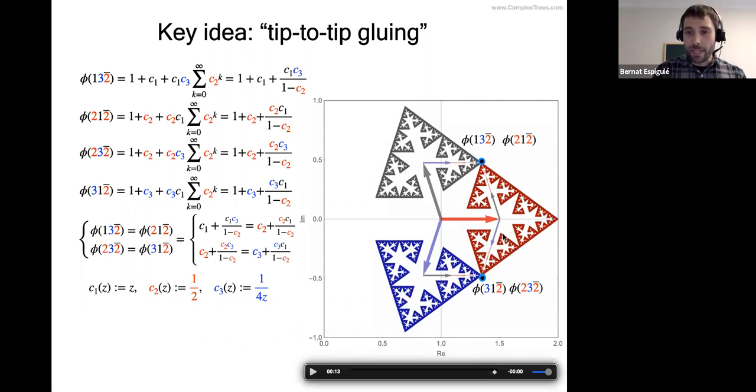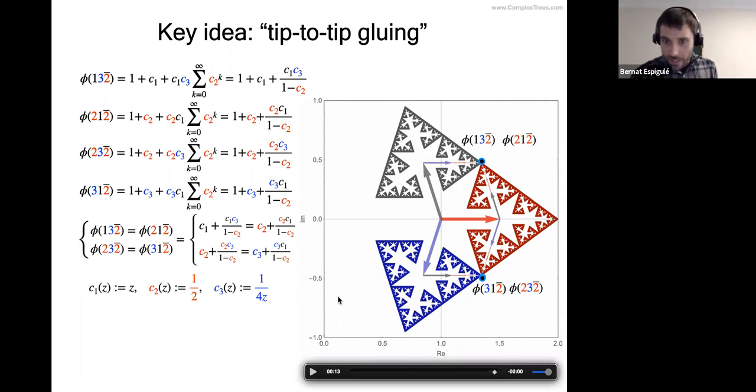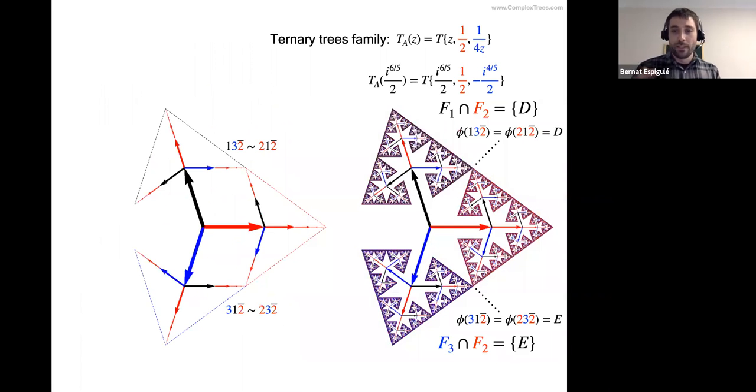When this red branch is always going to stay at 1/2, and then the parameter z is related to the black branch. So as you move that, you're going to be moving the blue branch according to this function, 1/4z. So that's giving you the parameterization of the family.